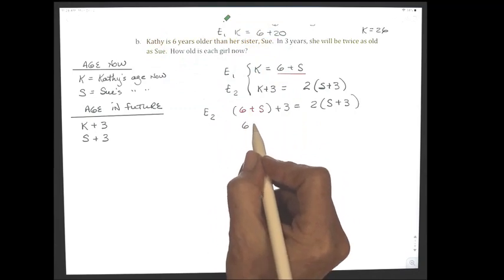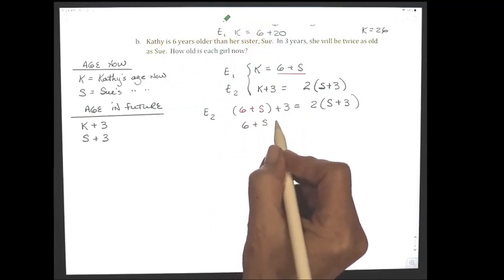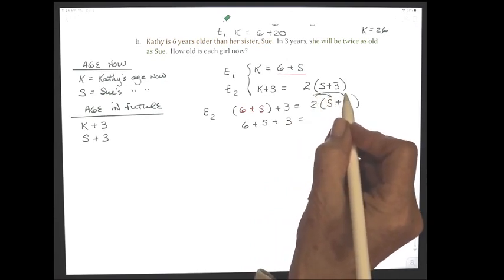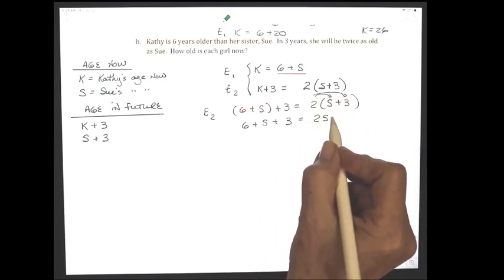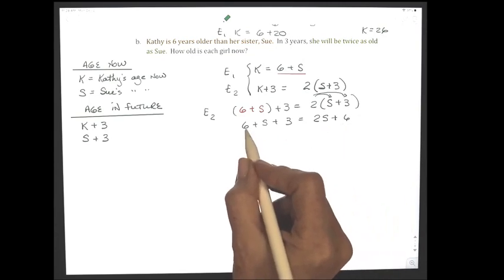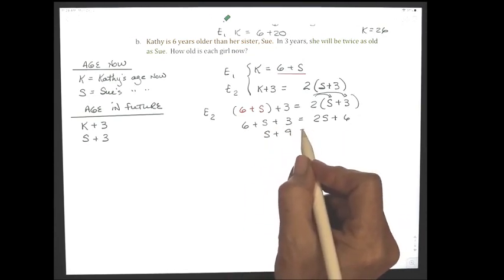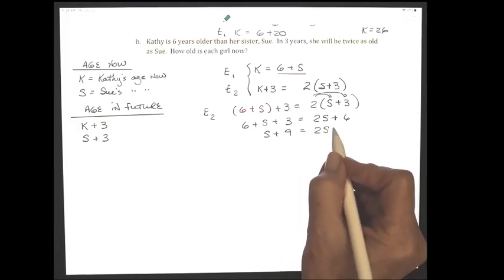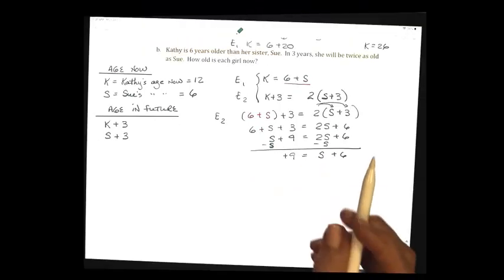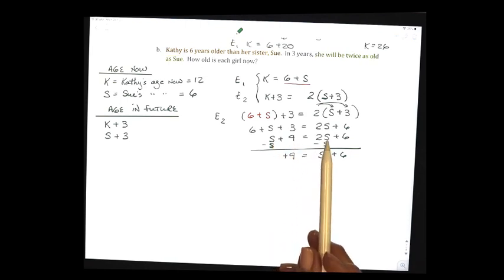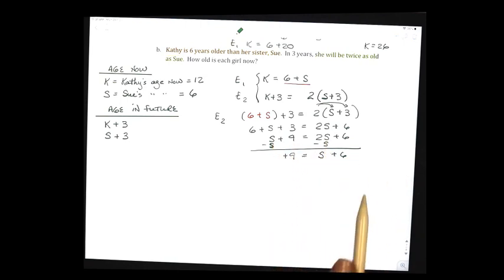Do a little bit of arithmetic. Distribute this 2 over the parentheses. I'm going to combine these two like terms here, 6 and 3. All right, so let's see, we've got 9 on the left-hand side, 1S plus 6 on the right-hand side.